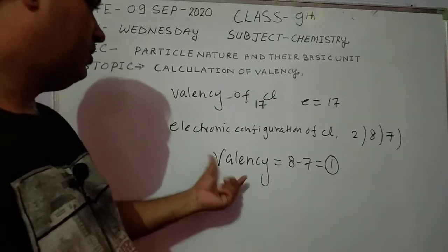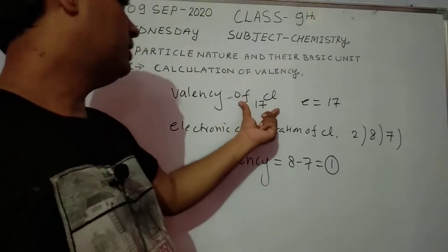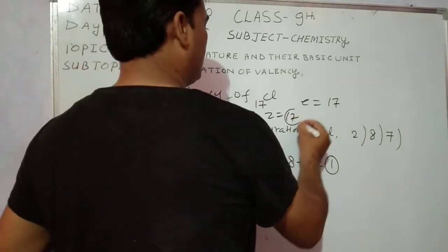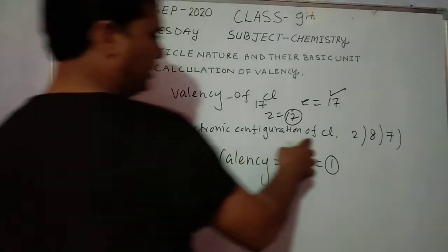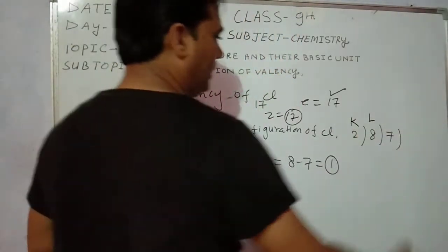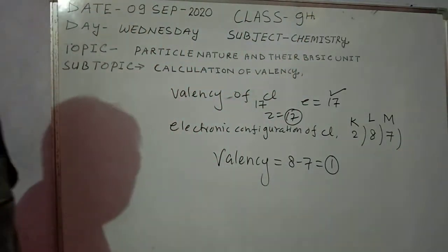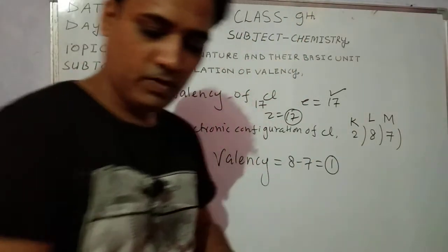So in this way we can calculate the valency of chlorine, because its atomic number is 17 and the number of electrons is equal to 17. So the electronic configuration can be written as first shell contains 2 electrons, second shell contains 8 electrons, and the last shell, this is the M shell, contains 7 electrons. So the valency is equal to 8 minus 7 is equal to 1.